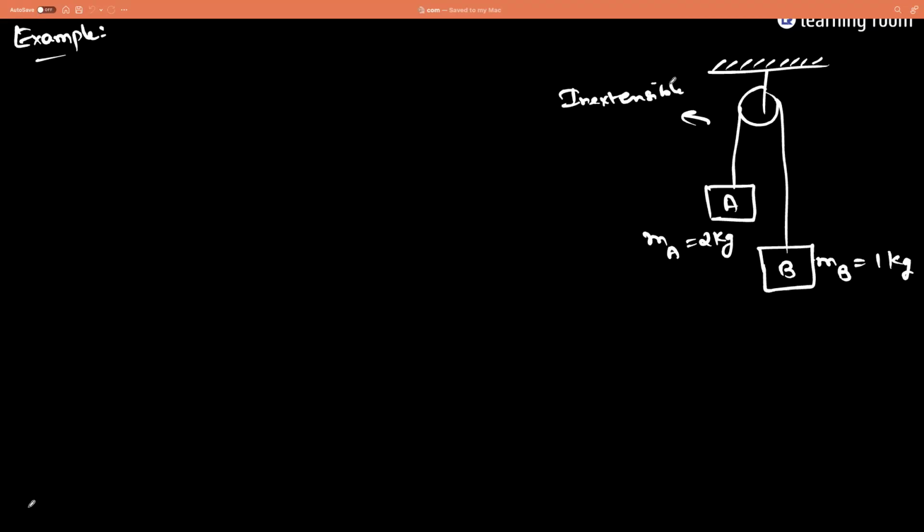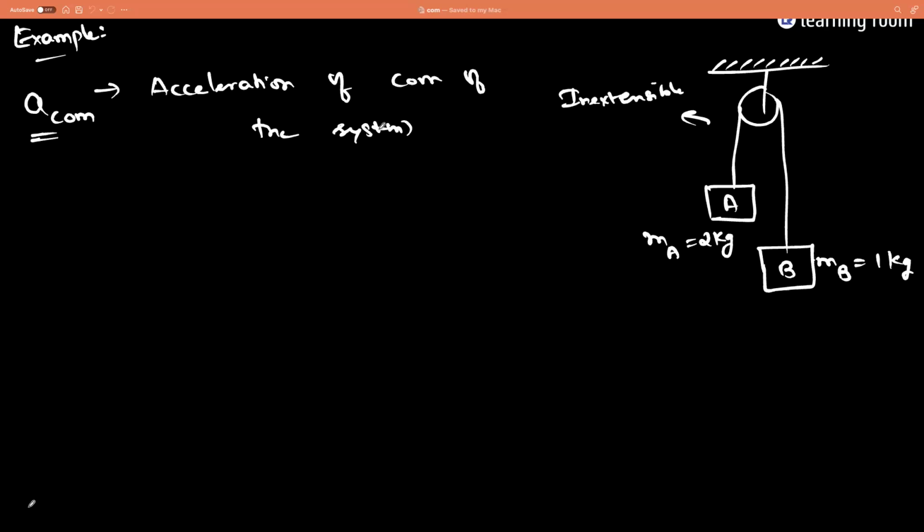Now find the acceleration of the center of mass of the system. To put it in simple terms, you need to find the acceleration with which A and B are moving. So how to solve that?